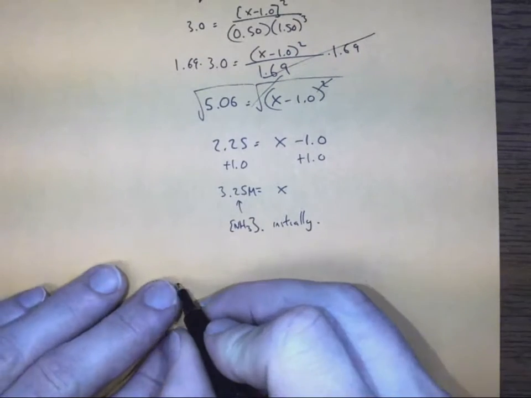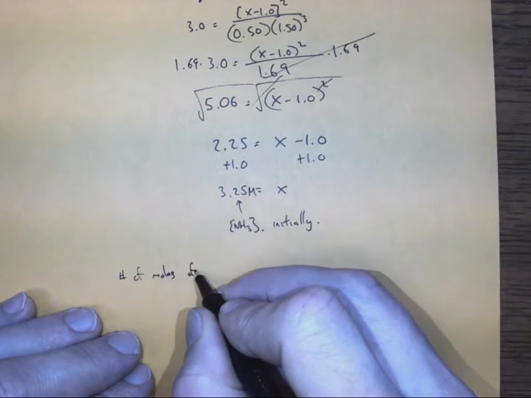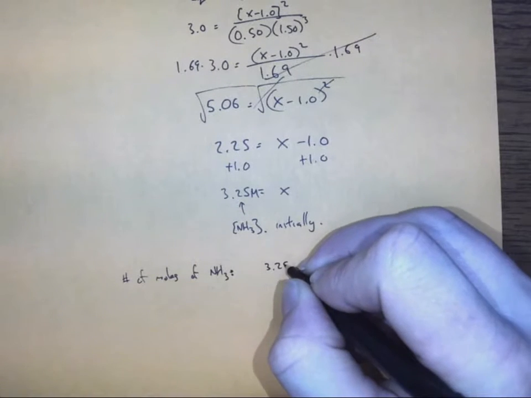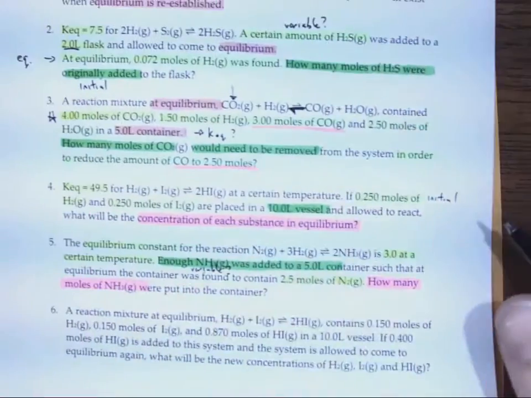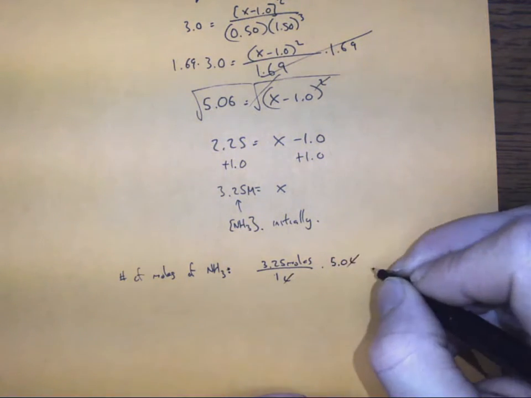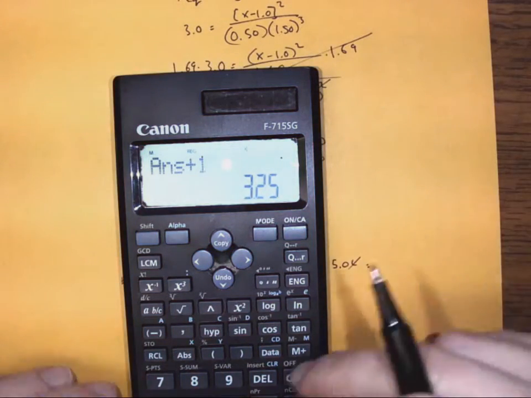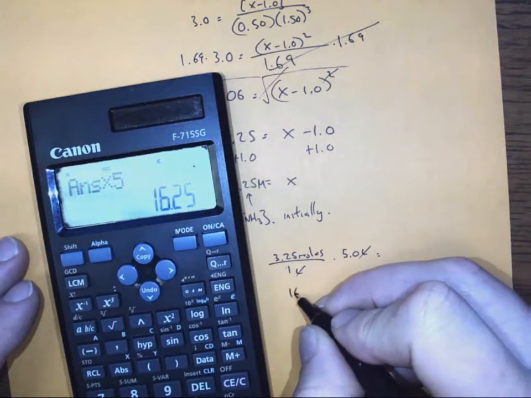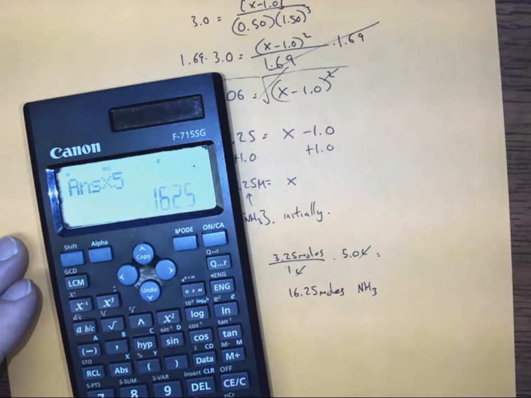So to find the number of moles, I'm going to take that value, 3.25 moles for every 1 liter. And how many liters do I have? I have 5 liters. So 5.0 liters. My liters cancel, and it turns out I'm really multiplying my 3.25 by 5 to get 16.25 moles of ammonia initially.